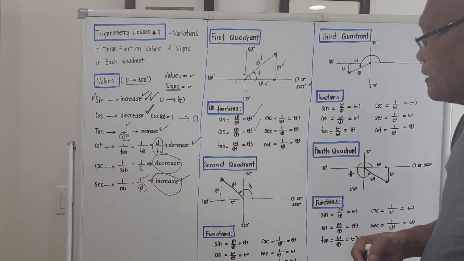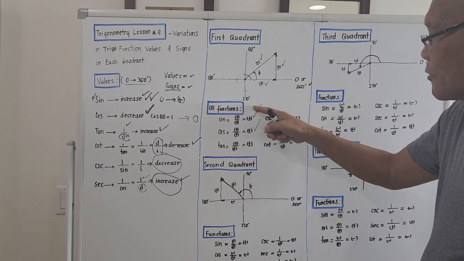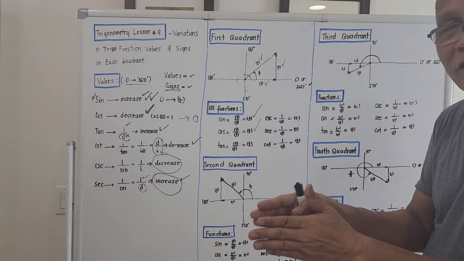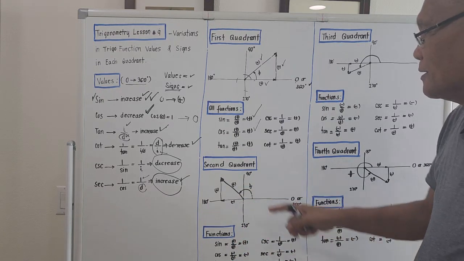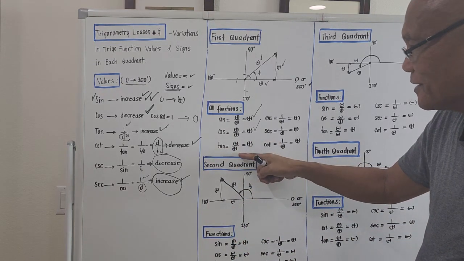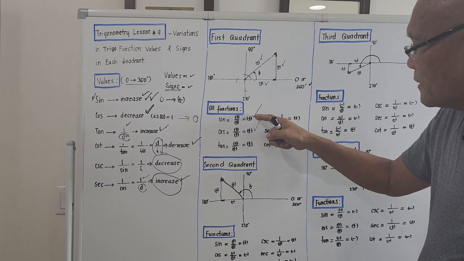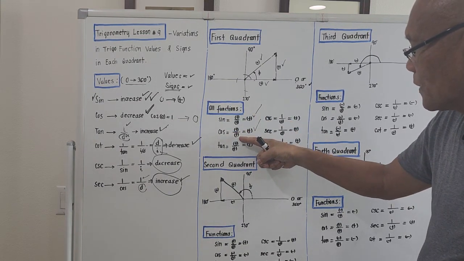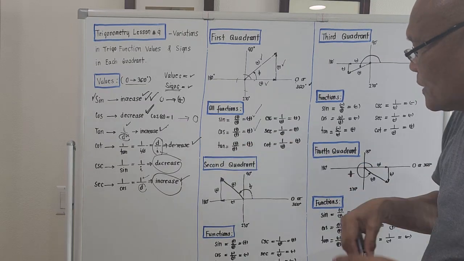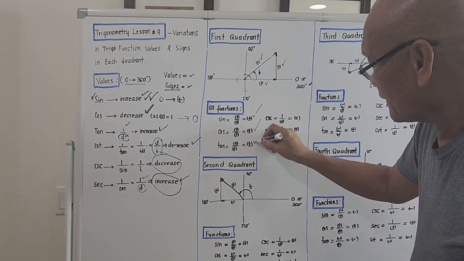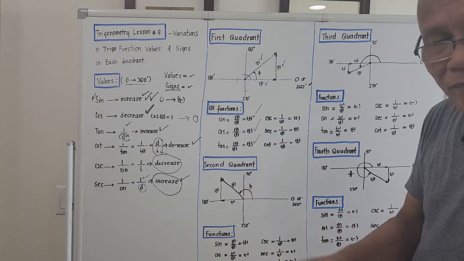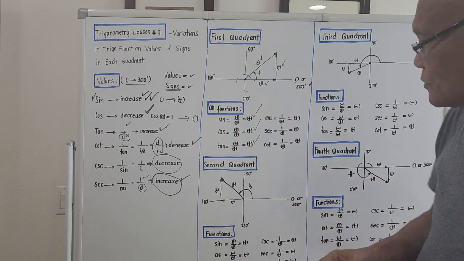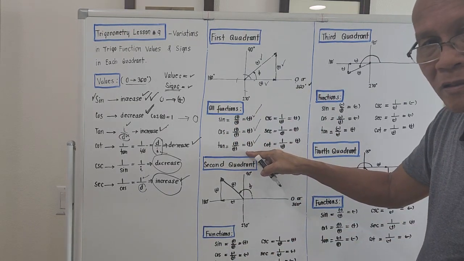For the tangent, we now know the sine and cosine, so apply your knowledge of the definition of tangent. Tangent is sine over cosine, right? And what is the sign of sine? It is plus. And what is the sign of cosine? It is plus. So a plus and a plus will still be plus. If you are given an angle that falls on the first quadrant, the sign of the tangent function should also be plus.